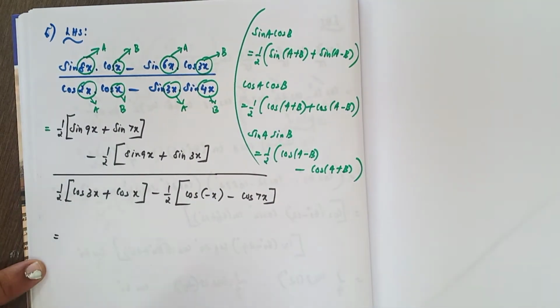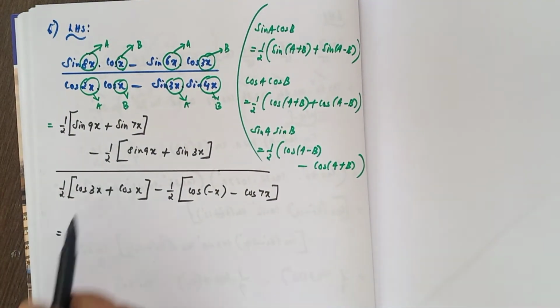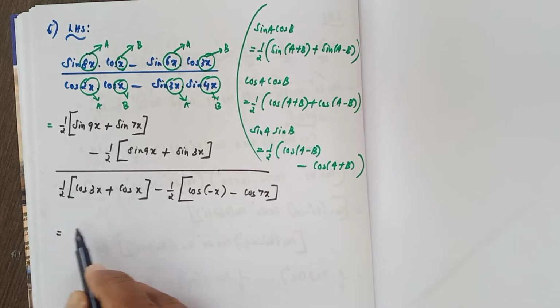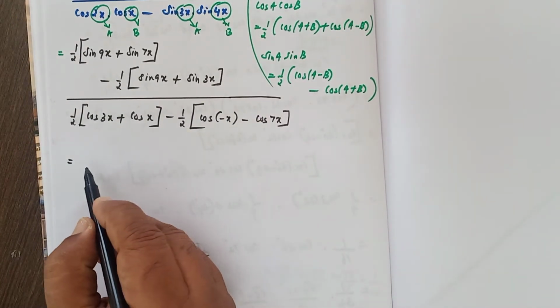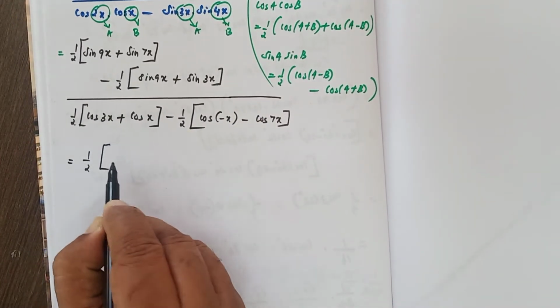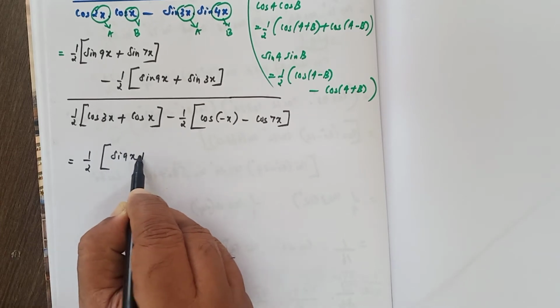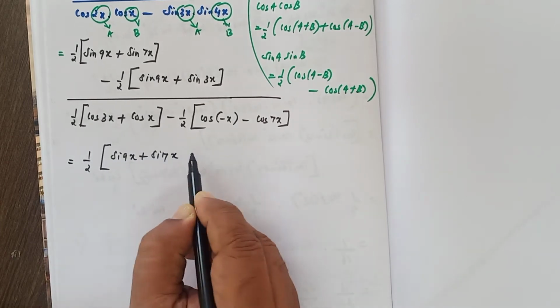That is equal to, take off as common half into sin 9x plus sin 7x.